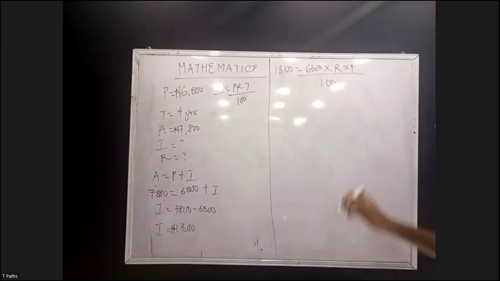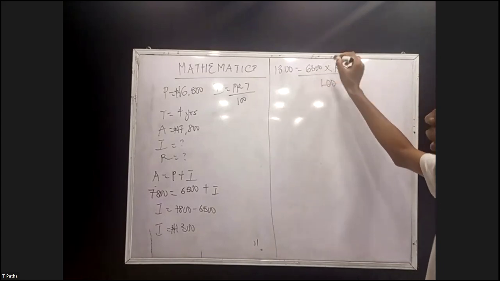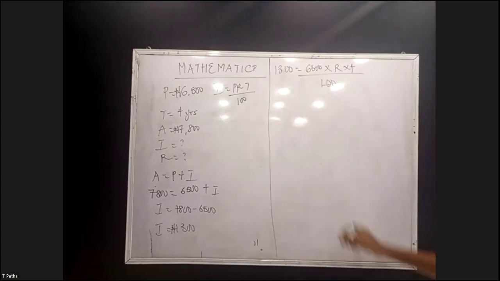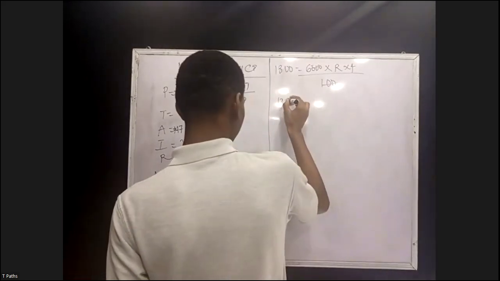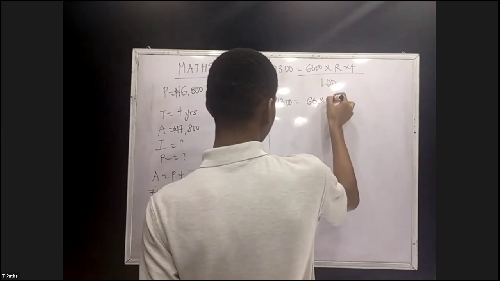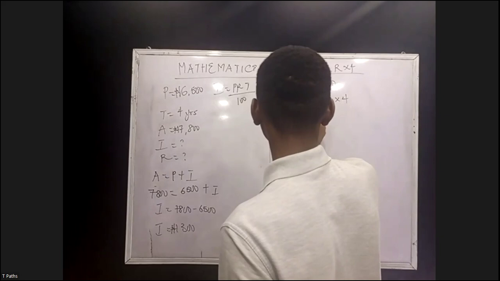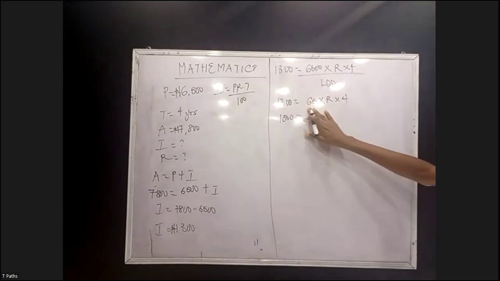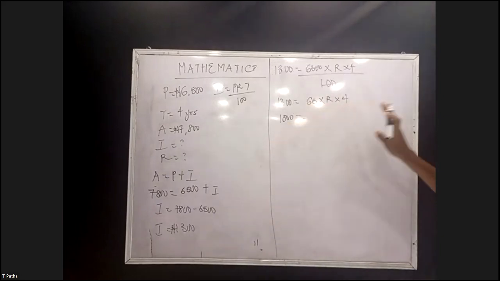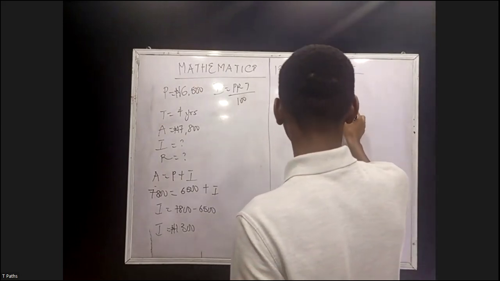From here, this 100 can cancel out the 6,500 and I'll be left with 65. So 1,300 is equal to 65 times R times 4. First, I multiply 65 times 4, which gives me 260 times R.